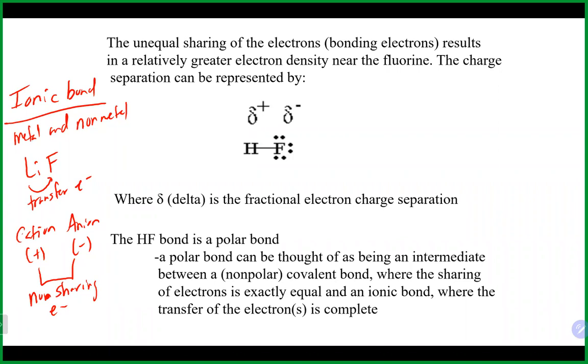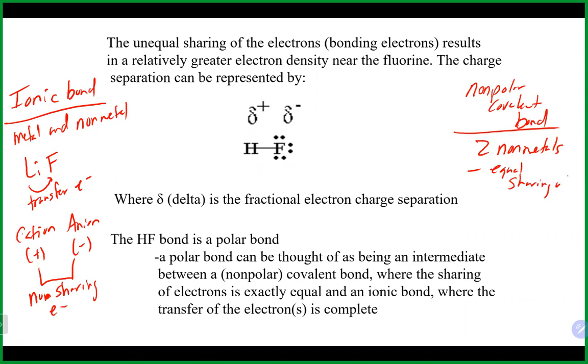On the other end of the spectrum in terms of bonding is a nonpolar bond, or a nonpolar covalent bond. That is between two nonmetals, where we have equal sharing of electrons. So like our F2 example, our H2 as well.